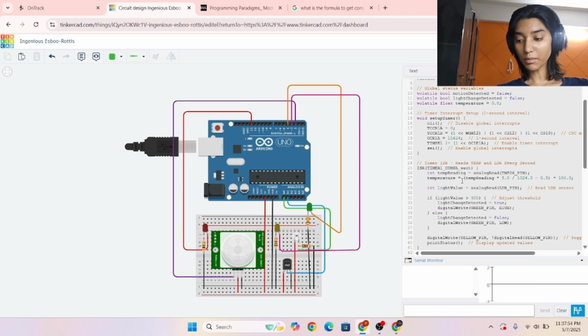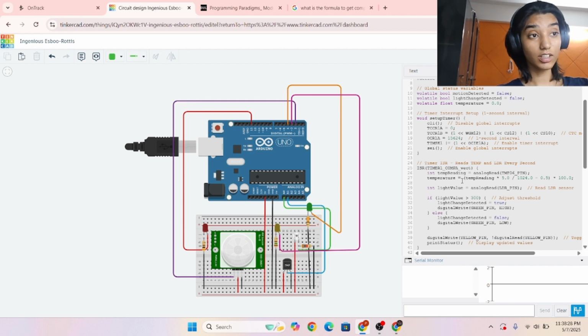And the timer interrupts. We have three kinds of timer interrupts: timer zero, timer one, and last, timer two. When we're dealing with timer interrupts, mostly we deal with timer one because it has much more range for the prescaler. Think of the prescaler like this: we have a number of oscillations per cycle, like it vibrates.